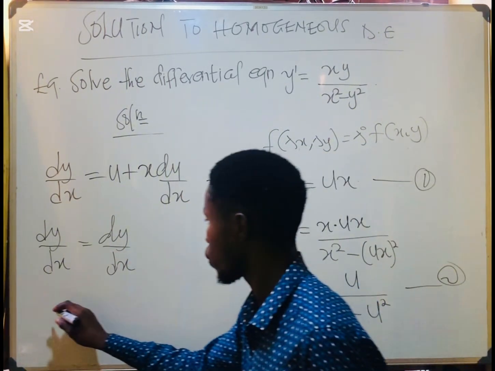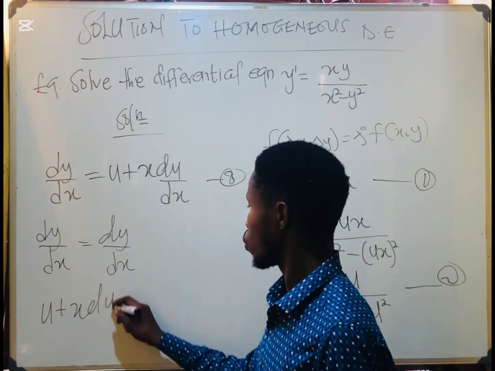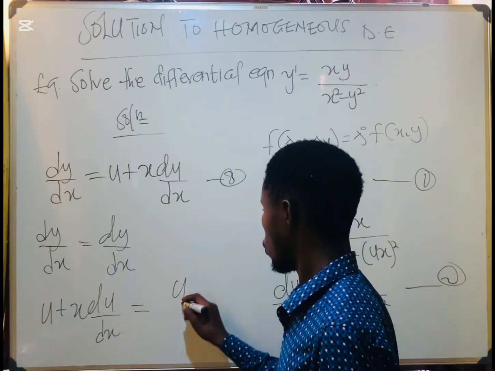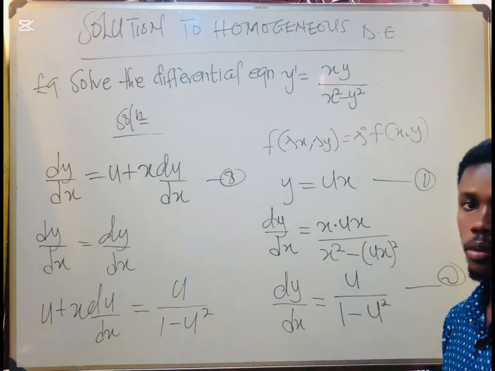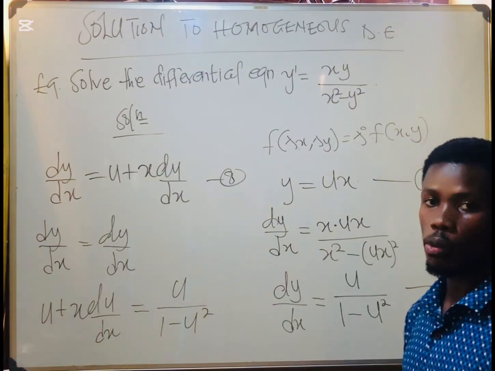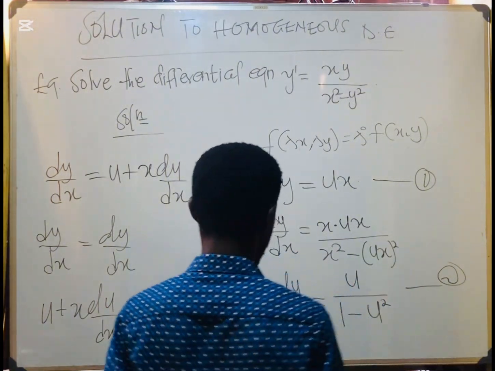We can have u plus x du/dx equals u over 1 minus u squared. Can I have something like this? Yes, because that's when you equate equation 2 and equation 3. Good. Now let's clean this side.